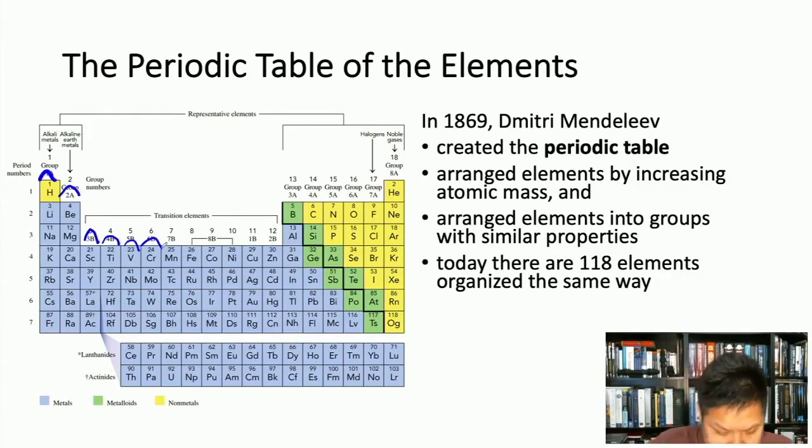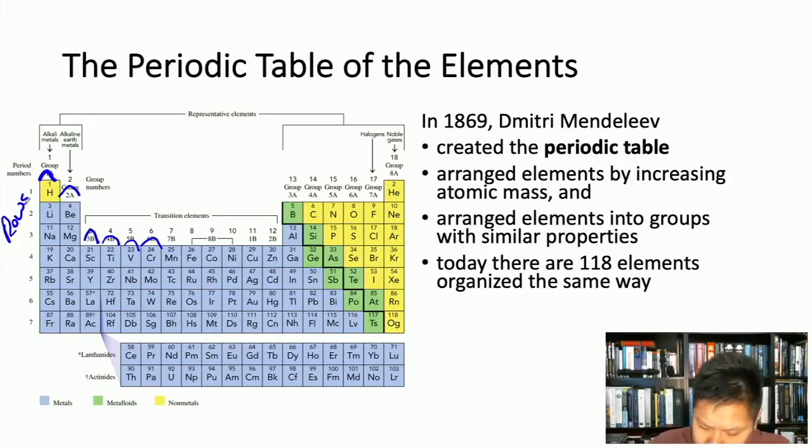And then on the horizontal we have rows, and they're called period numbers. But even chemists will say this is row one, row two, row three, row four. And we'll see a lot of different periodic trends in these elements as far as their properties go, as you go down a column or across a row. But it's pretty interesting stuff.